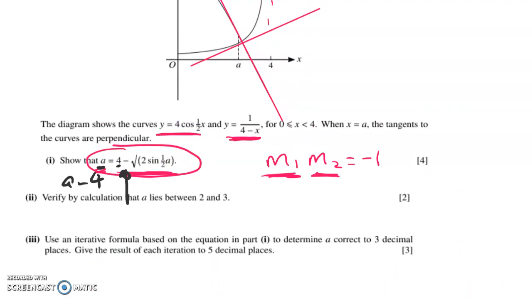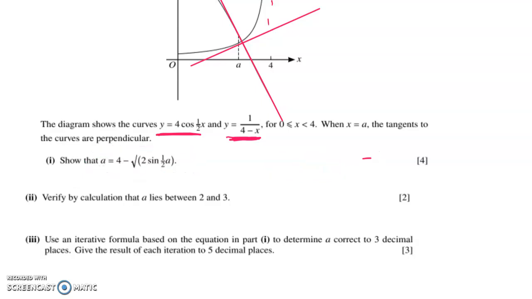And now we have to verify by calculation that a lies between 2 and 3. So I'm going to do this question in 2 different ways. The first way is one where I just compare the 2 sides, and I'm looking for a switchover of the inequality. So one will start like this and one will be like this.